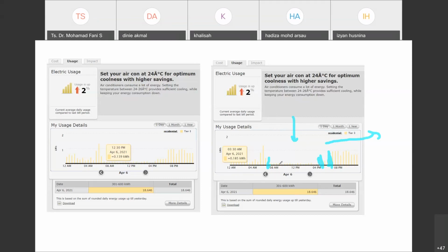Okay. So we can monitor the performance of the 24 hours load here, at least less than 10% compared to total.